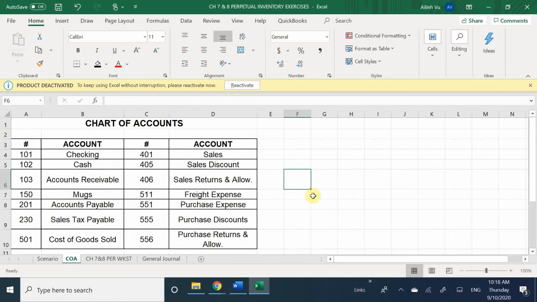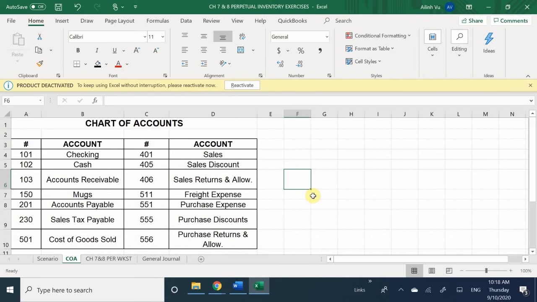What's the number one rule when we come into perpetual inventory? The number one rule? That it goes in automatically? Where does it go? Into the journal?